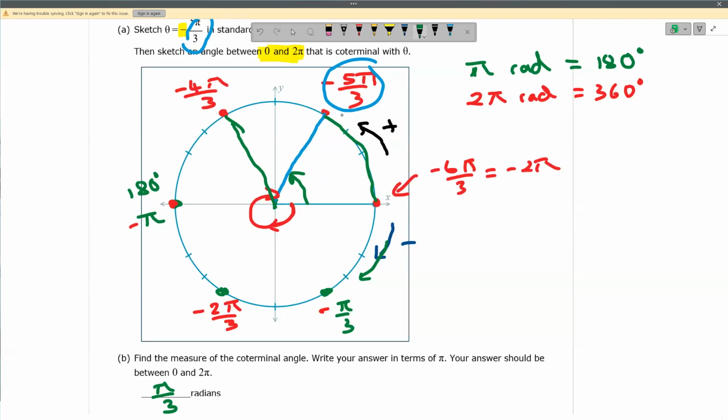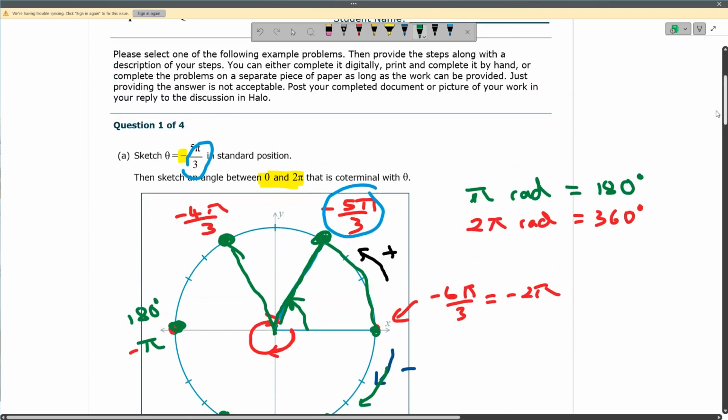If you go clockwise, here is pi over 3, 2 pi over 3, 3 pi over 3, 4 pi over 3, 5 pi over 3, and 6 pi over 3. But because we want coterminal, it has to land on the same terminal side. So here, pi over 3 radians is your answer.